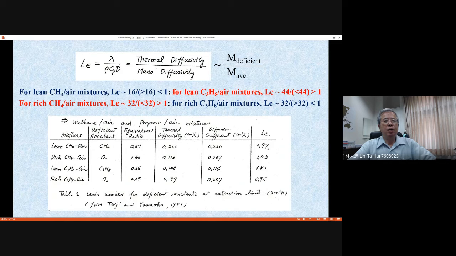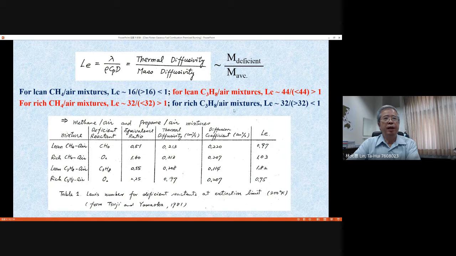Okay, and 0.97 and 1.82 are actually taken from the existing data in the thermodynamic table. But when we do some quantitative comparison, you still get the same results. Okay. You may try to think about rich methane air mixtures, Lewis number bigger than 1.